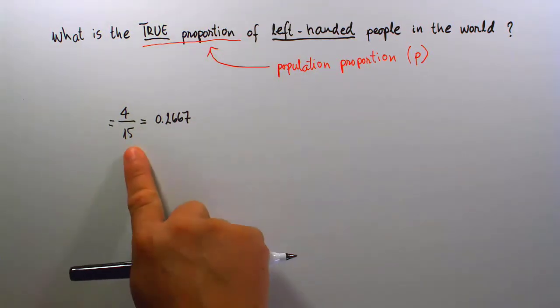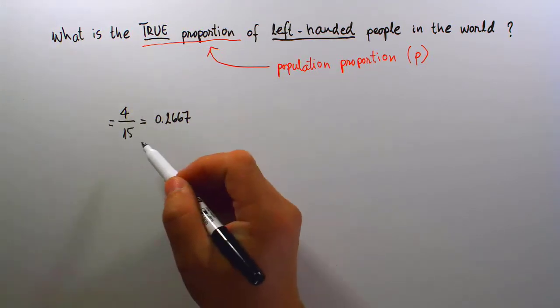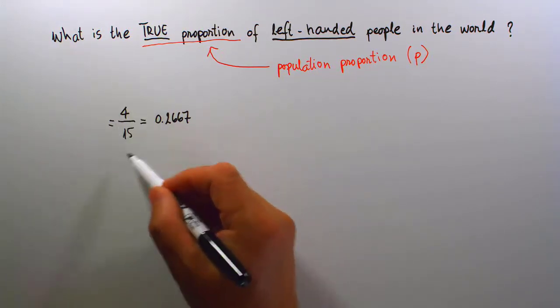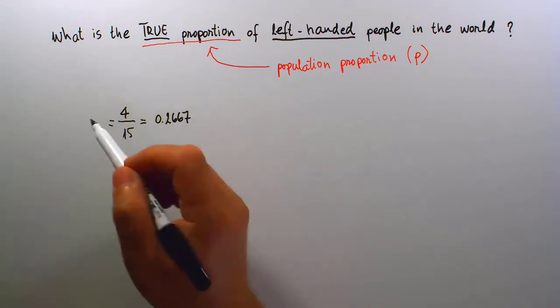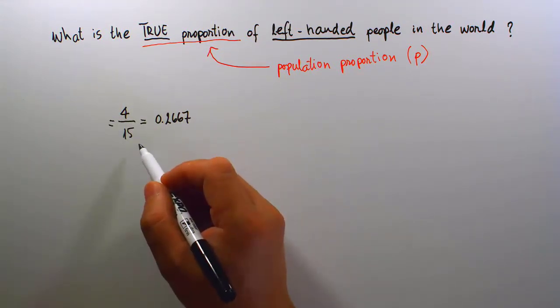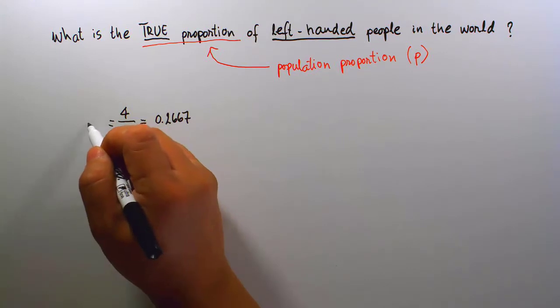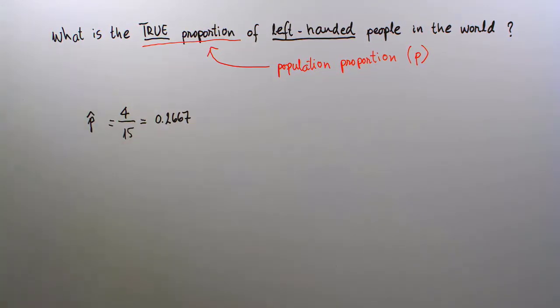The world is not only having 15 people, and so the better place for this proportion is to be regarded as a sample proportion, where the symbol for this is a lowercase p hat.